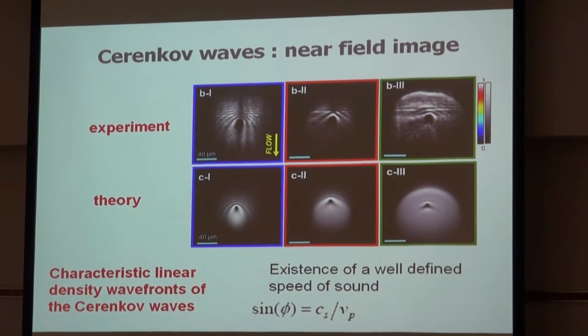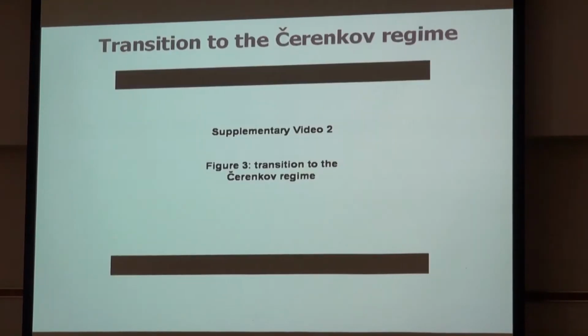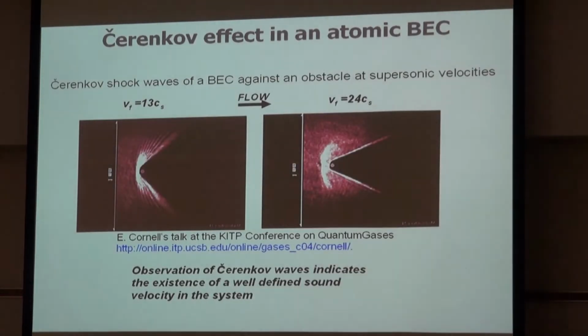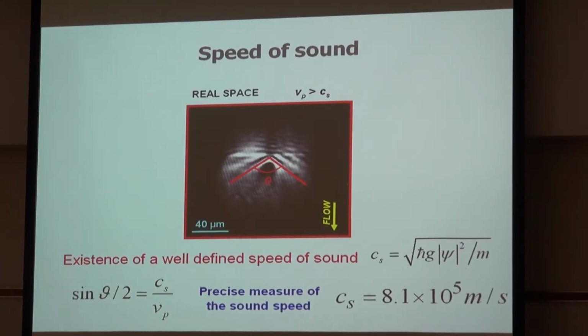The sine of the angle is c_s over v_p. This is also similar to Cherenkov waves observed in a BEC some time ago in Cornell's group. And this is very nice because this gives a speed of sound which is in good agreement with the number that you can deduce from the theoretical value.